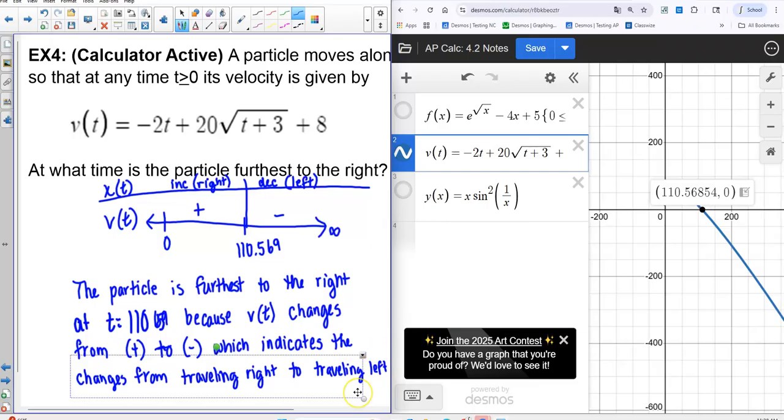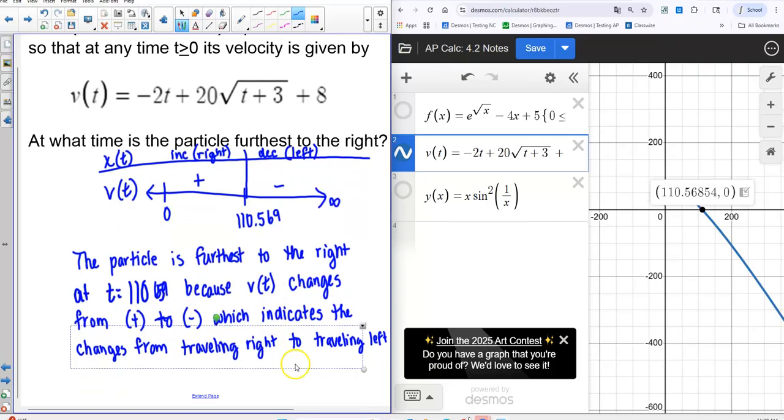Okay, and this is important. So we've got this switch in velocity from positive to negative. We also must say that t equals 110.569 is the only critical point of v of t.